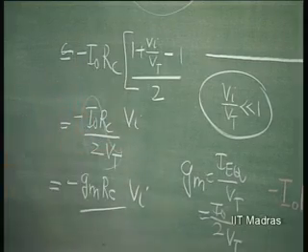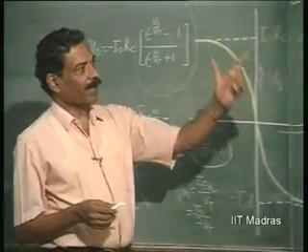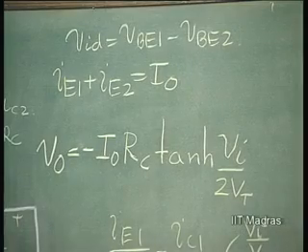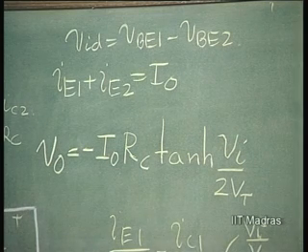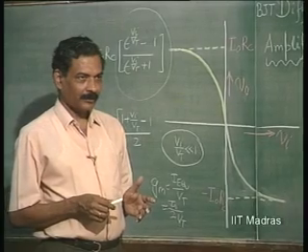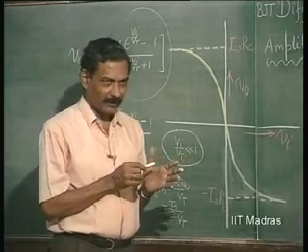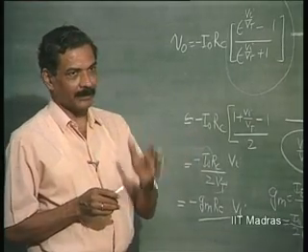Tan hyperbolic x is x, then what else? The next term is not square, but cubic. In the hyperbolic tan function, you will not have the square term coming into the picture.